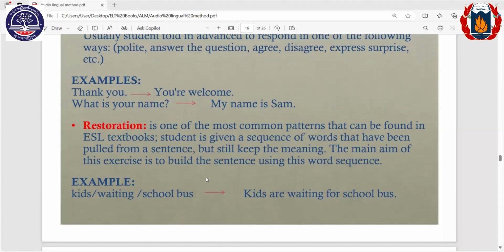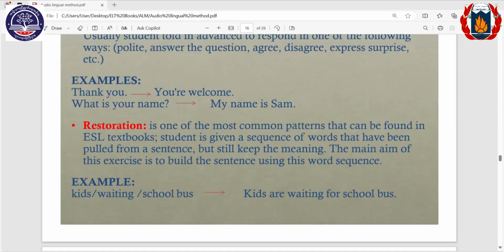The next one is restoration. Restoration, students are given a sequence of words. They need to make them into a meaningful sentence. Sometimes we also call this the jumbled words. Words are written disorderly.